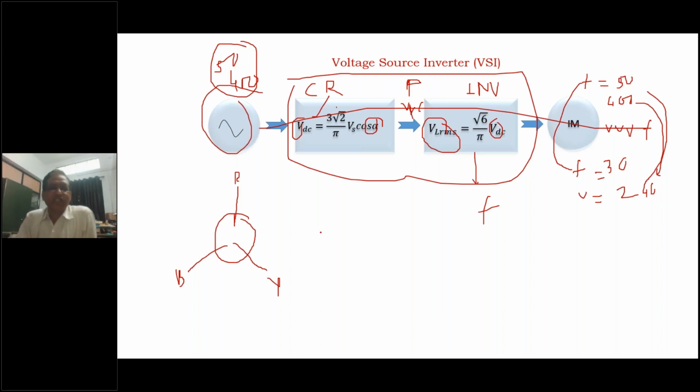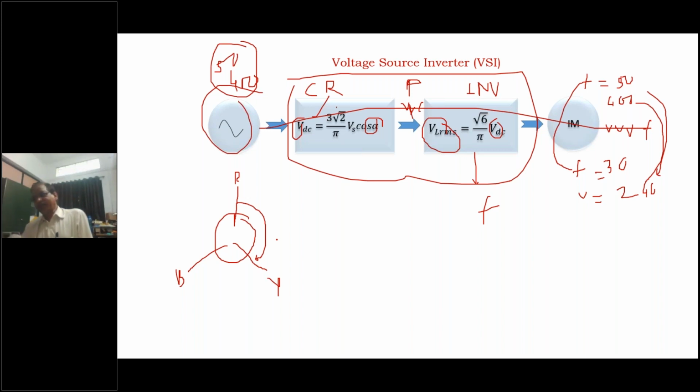So in time domain, fluxes produced by R phase and Y phase are 120 degrees apart, Y phase and B 120 degrees apart, B phase and R 120 degrees apart. Whereas the winding axes are also 120 degrees apart in space.